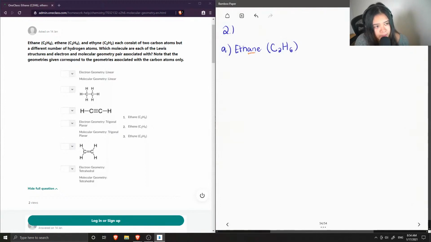and even just by looking at the suffix of ethane, we know that it only contains single bonds. So it will have the 2 carbons single bonded together, and then all around are all of the hydrogens.